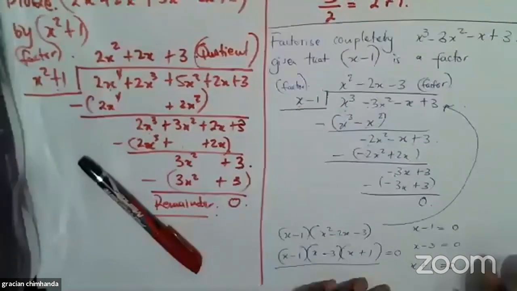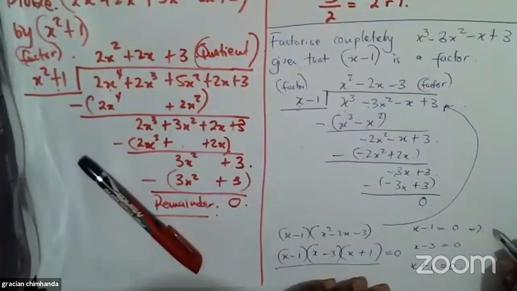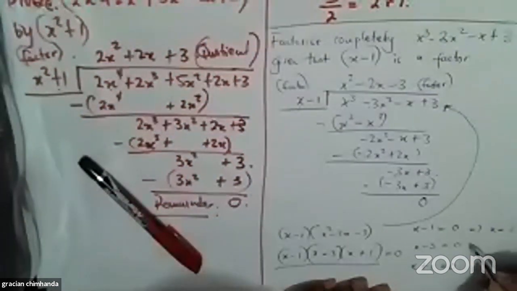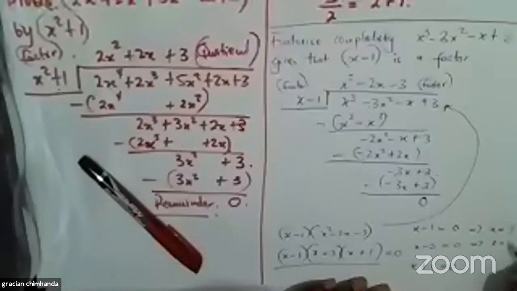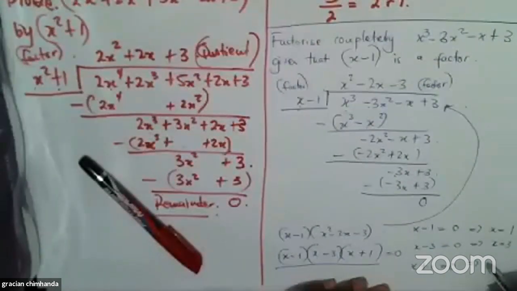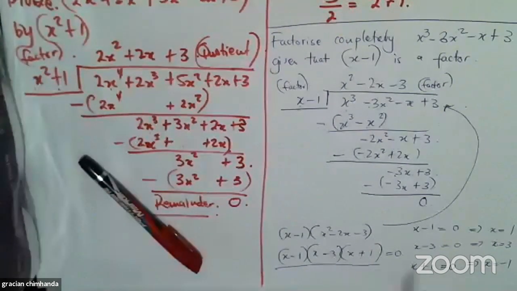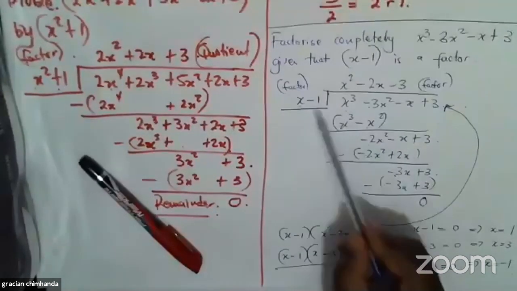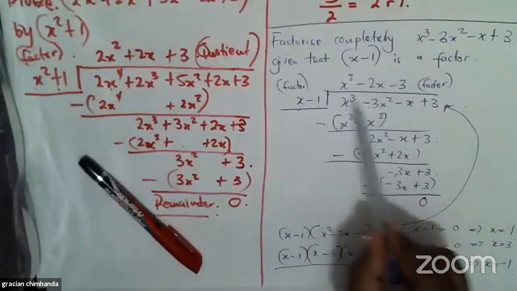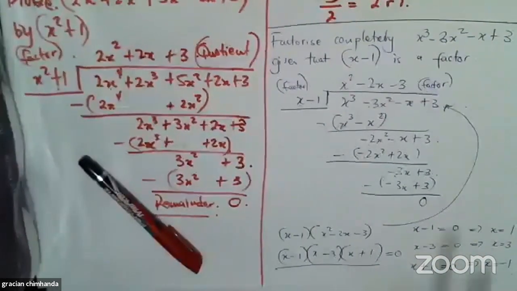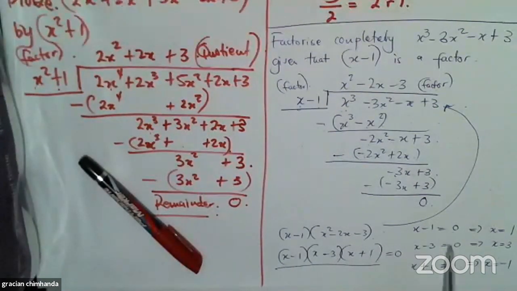This implies that x is equal to 1, x is equal to 3, and x is equal to minus 1. I have solved. So if I'm given one factor, I can first divide this polynomial and get a quadratic expression, which we are all familiar with. Then I can completely factorize, and if I'm asked to solve, I can solve from my factors.